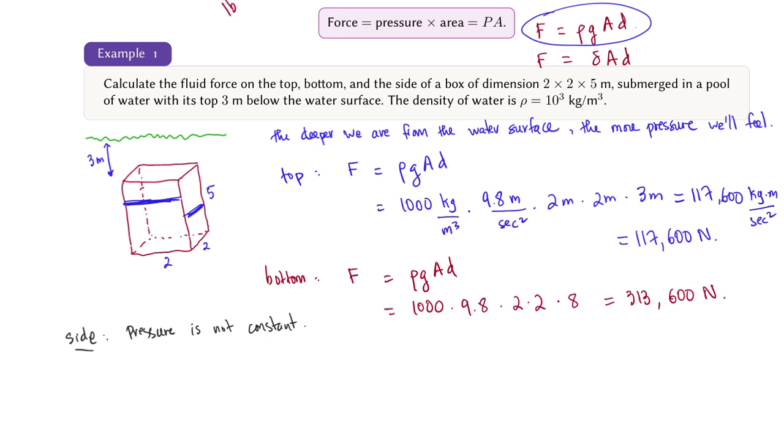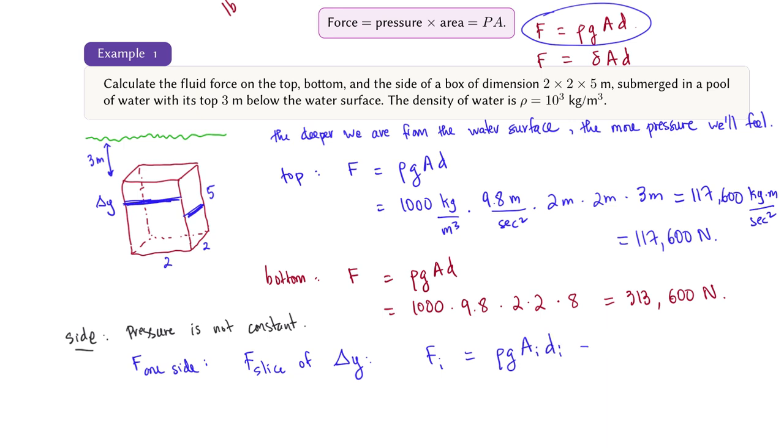To do this, we slice the surface on the side horizontally, parallel to the water surface. To find the force on one side, we first find the force on the slice. This force is assumed to be constant because delta y is thin enough so that at any point on this slice, the pressures are the same.